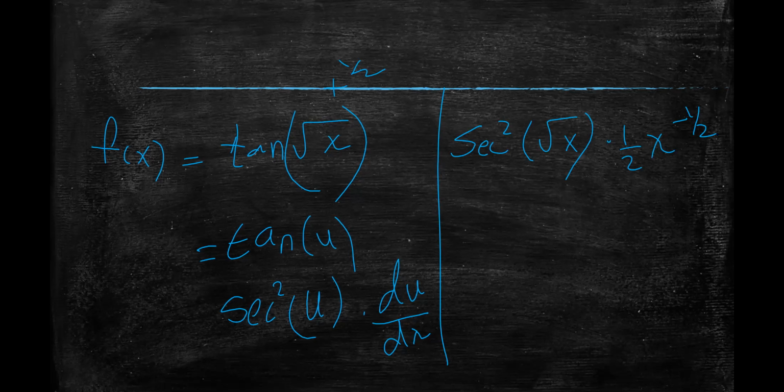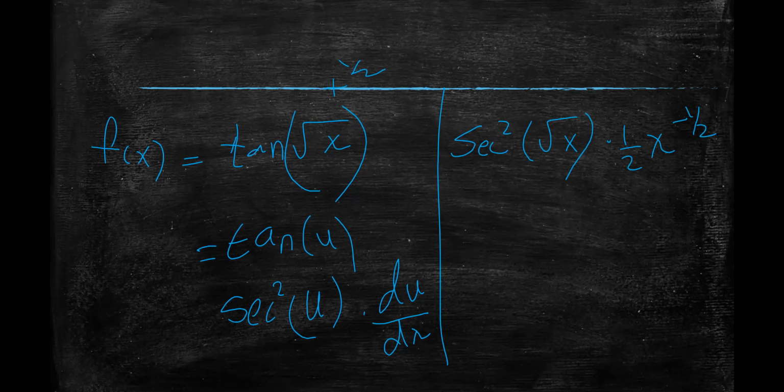Here it is tan of u. The derivative of tan is secant squared of u. But here I don't have it as dy over dx. I have another letter, so I have to define the derivative du over dx. If it is tan x only, you will say it's secant squared x.